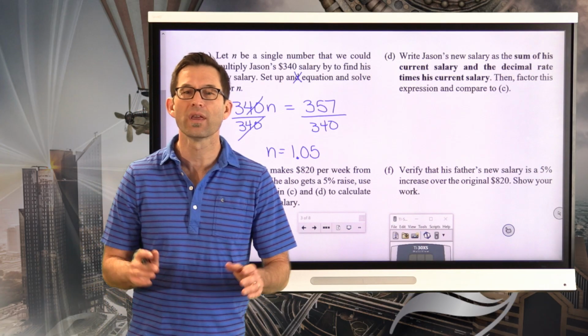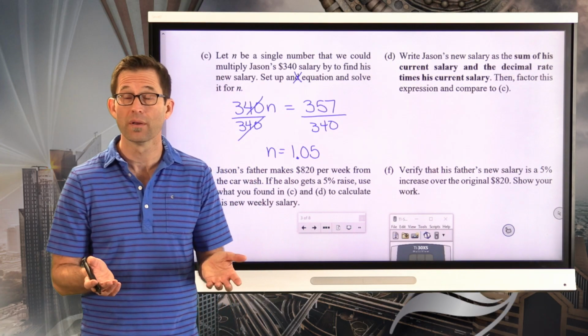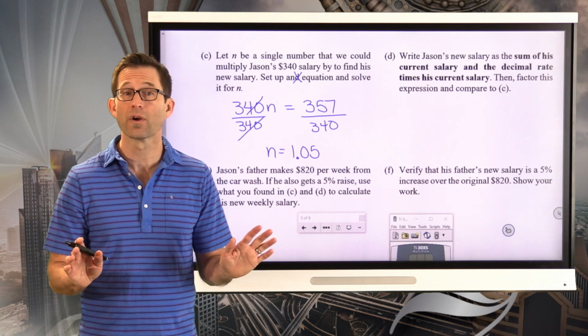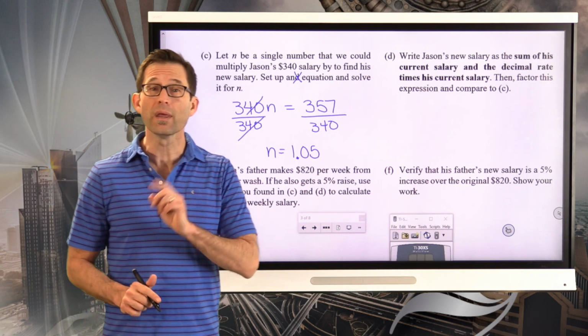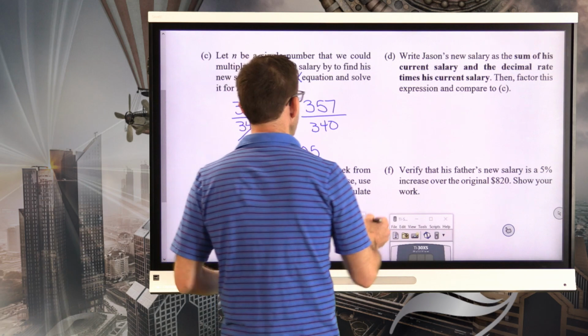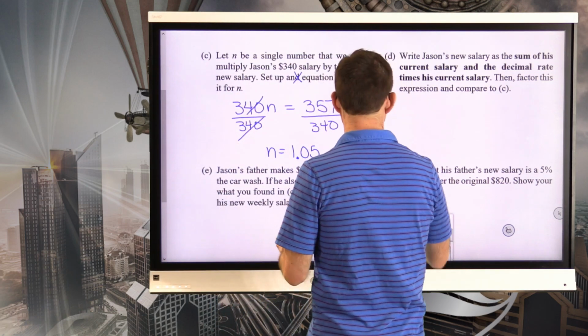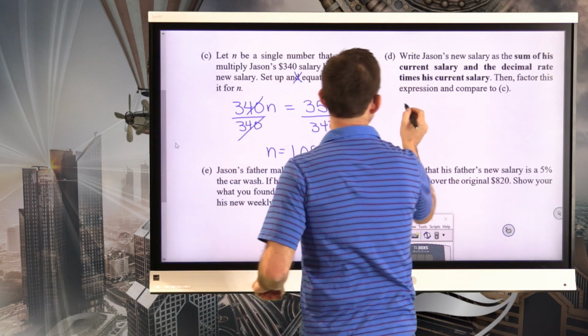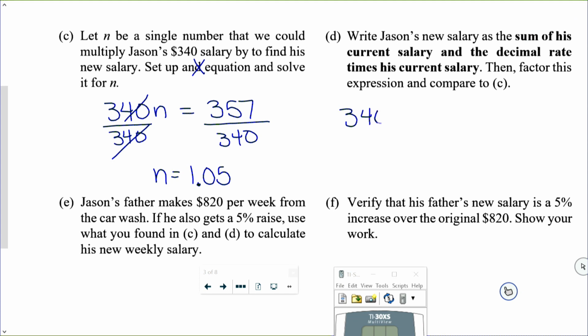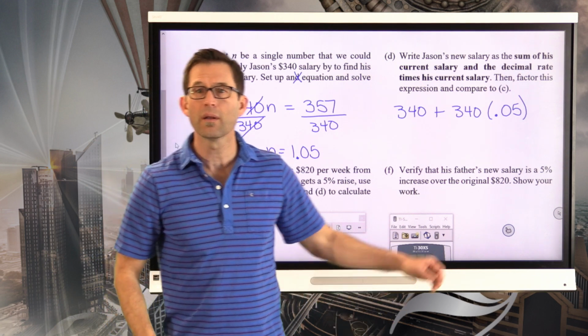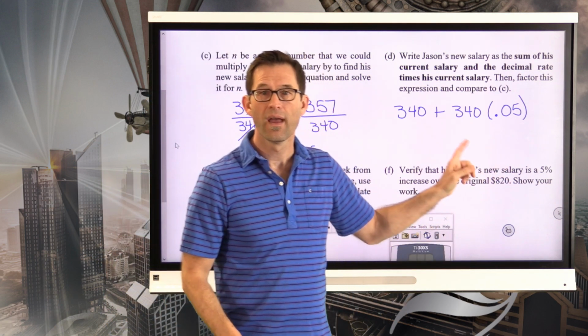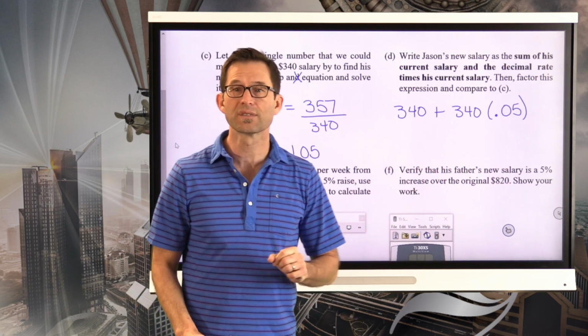All right, so here is the power of algebra, if you will. Algebra that has no variables involved at all. Really, what we did to find his final salary is we took his original salary, 340, and we added to it 340 times 0.05. Now we did that in two steps, first calculating this and then adding it on to this.